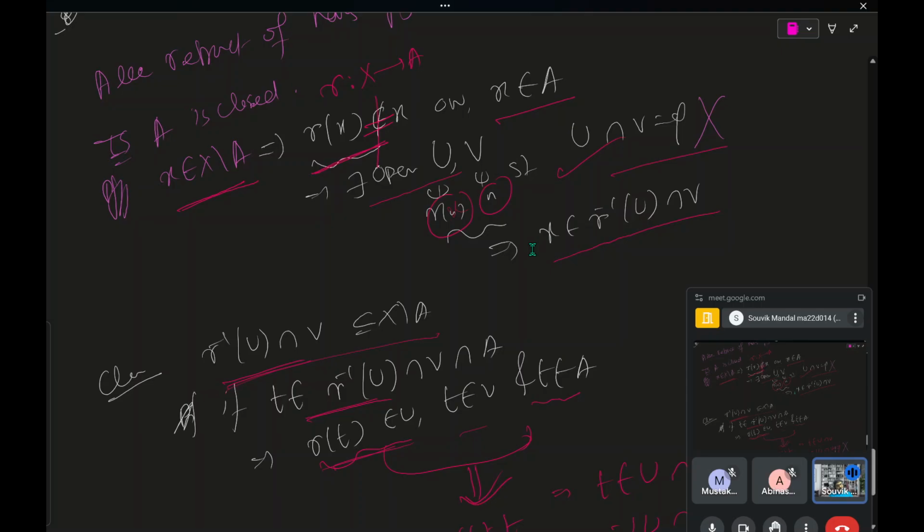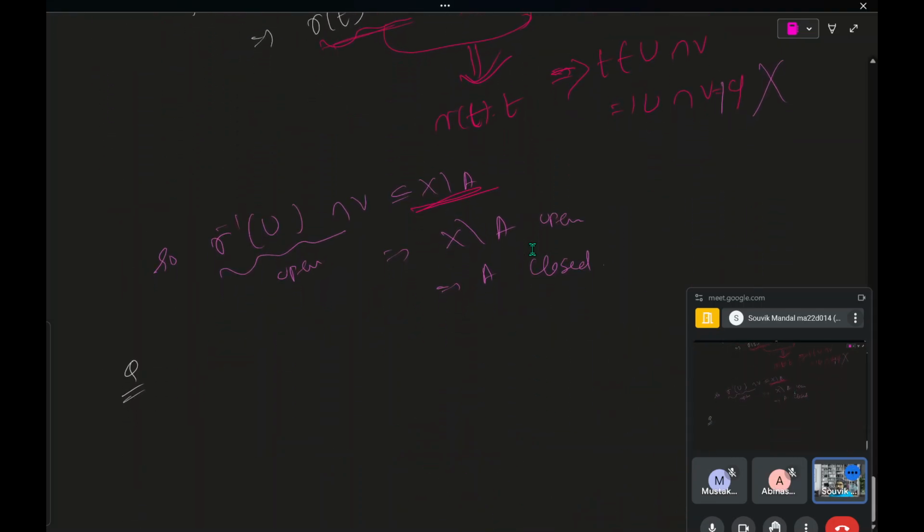This implies T belongs to U intersection V, which is a contradiction. So R inverse U intersection V is a subset of X minus A, and this implies X minus A is open, so A is closed. So this is the argument.